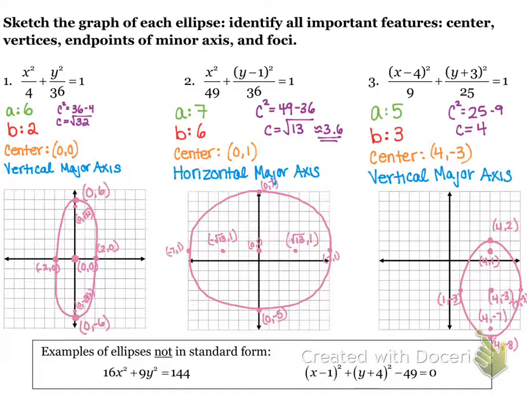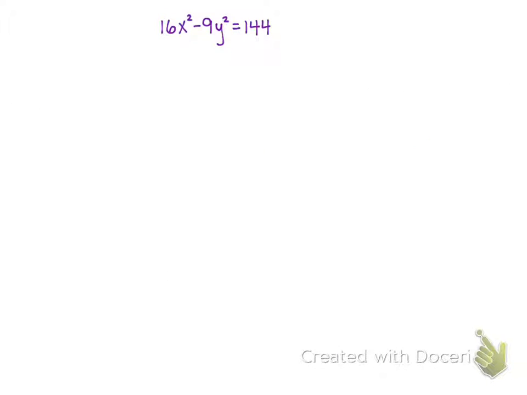So for this situation down at the bottom, we have 2 examples when they're not in standard form. So let's take a look at what we would do so that we could put them into standard form. Okay, so for this first one, like I said, it has to be equal to 1. So I'm going to divide each of these pieces by 144 because that is the way that I get it equal to 1.